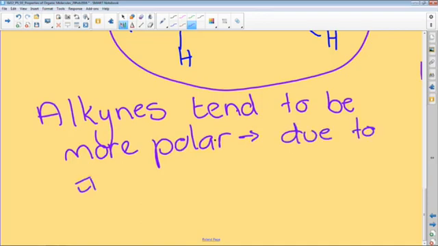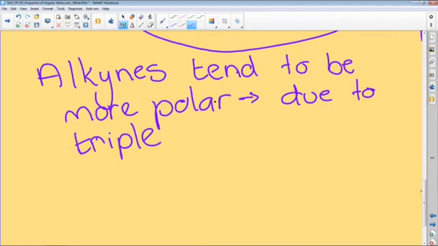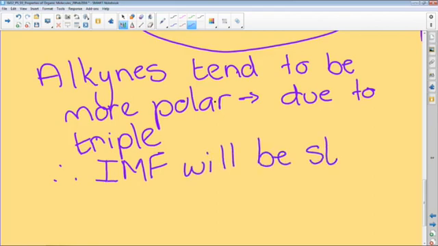Because it's more polar, this means the intermolecular forces, and I'm just going to write IMF for short to save time, will be stronger.